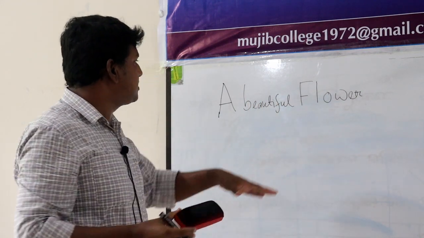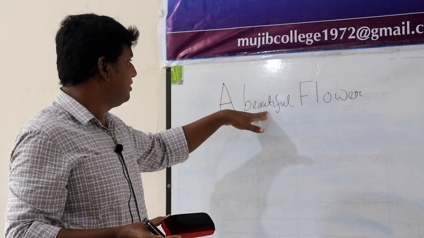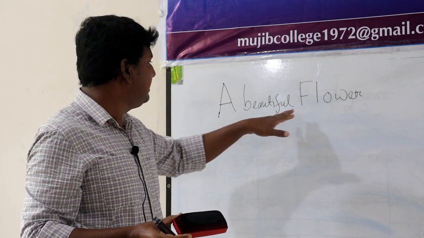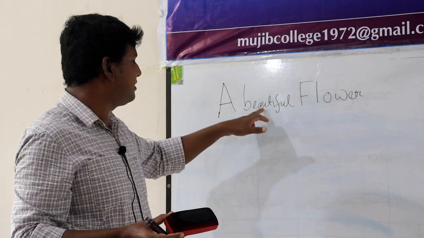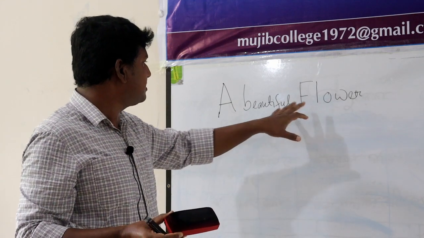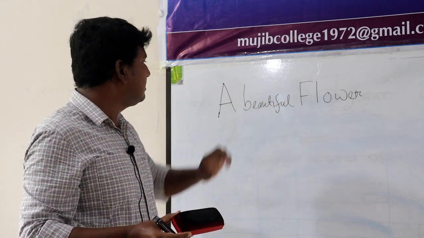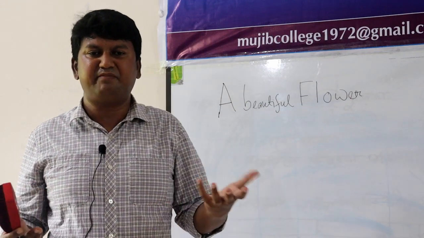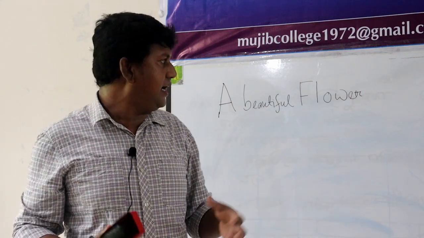This word beautiful surely again modifies the word flower by adding the meaning of this word to the word flower. Because beautiful flower and only flower are not the same thing, not at all. I think you have got the point.